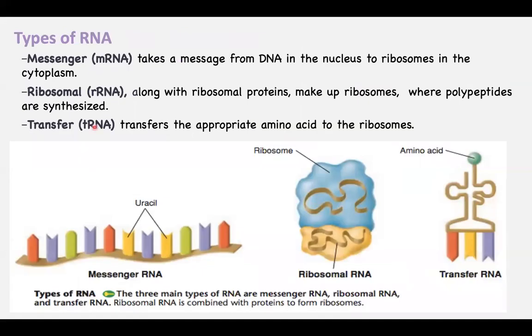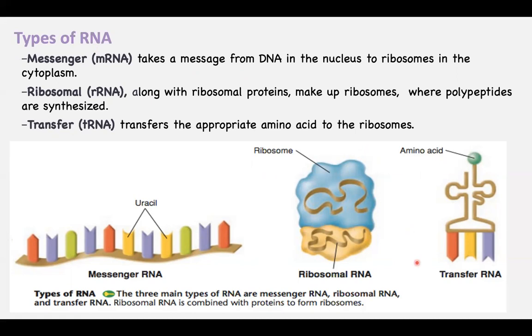Okay, types of RNA. There are 3 that we have to know. The first one is mRNA. It takes a message from DNA in the nucleus to the ribosome in the cytoplasm. So this is messenger RNA or mRNA. This is ribosomal RNA, which is rRNA. This is along with the ribosomal protein which makes up the ribosome, where polypeptides are synthesized. Okay, in the next lecture you will be able to see the function of the rRNA.